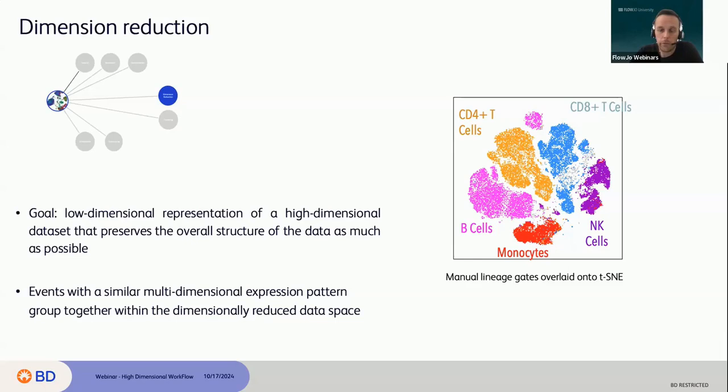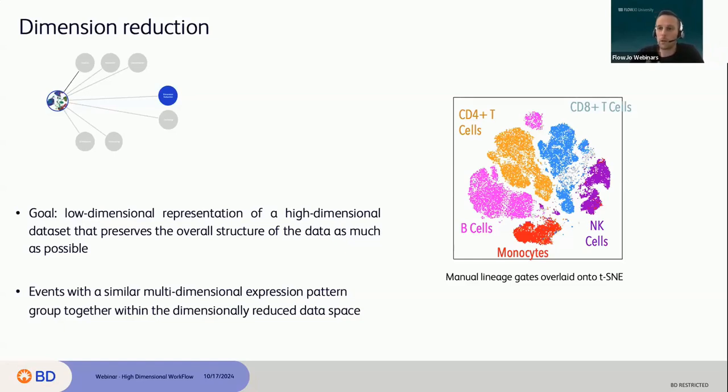Now between FlowAI, Peacock, and FlowCut, it really depends on whether you want to do the analysis and the cleanup on the raw data or on the compensated data. So FlowAI is on raw data, just out of the instrument, you don't need to do compensation or anything. You can just run FlowAI.